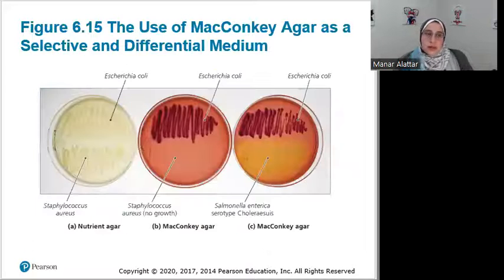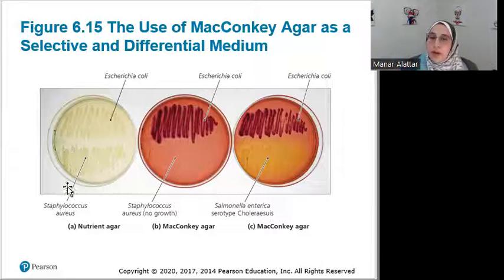Okay. We also have MacConkey agar. MacConkey agar allows us to look for gram-negative organisms. There's a different set of chemicals that select out gram-positives and tend to allow gram-negatives to grow. In this case, we are looking for the differential growth based on the fermentation of another, different sugar.